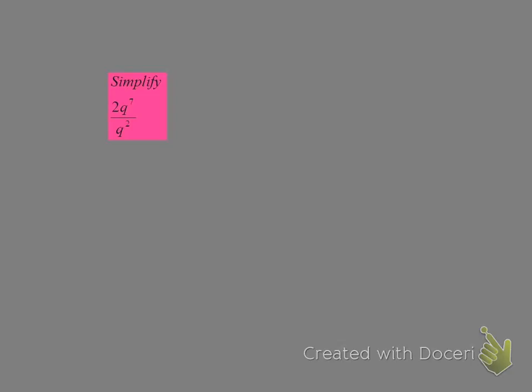2q to the 7th over q squared. Now I'm going to write this all out real quick just to try to show you. So 2 q q q q q q q, and then q q on the bottom. What can I do with the q's on bottom with the q's on top?